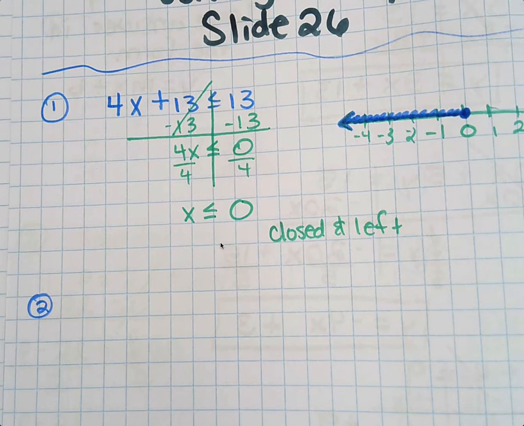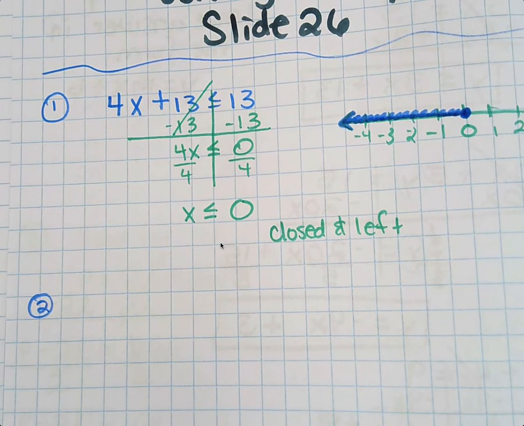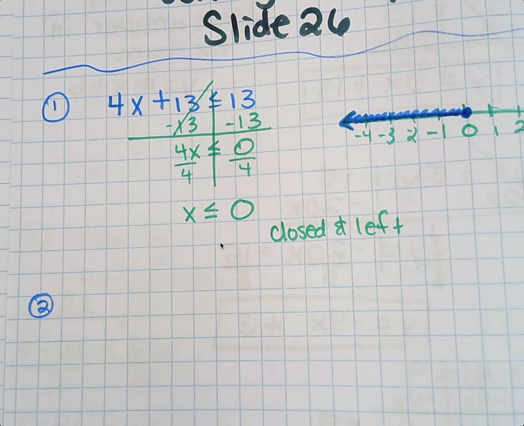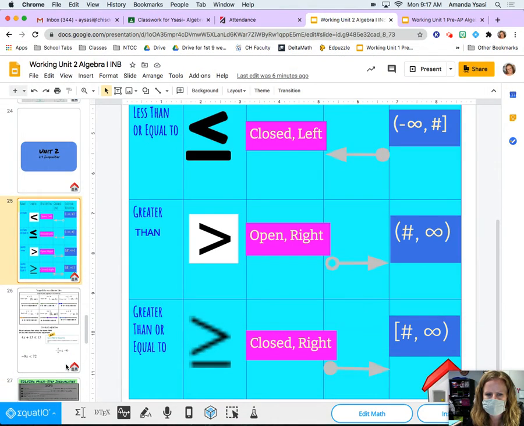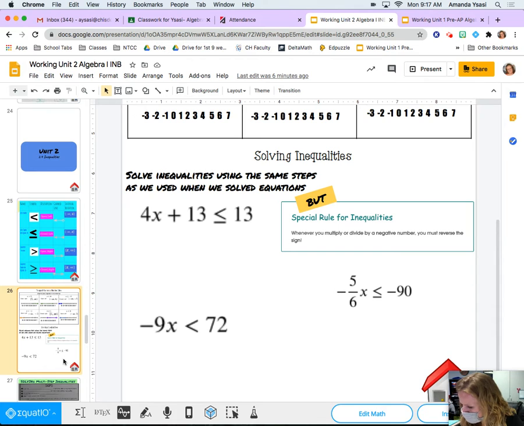Okay, so we have another problem. It is, let's see, -9x is less than 72.